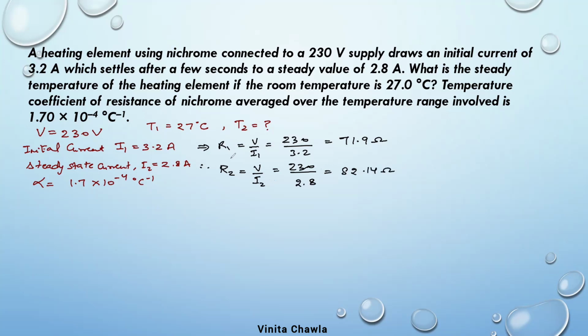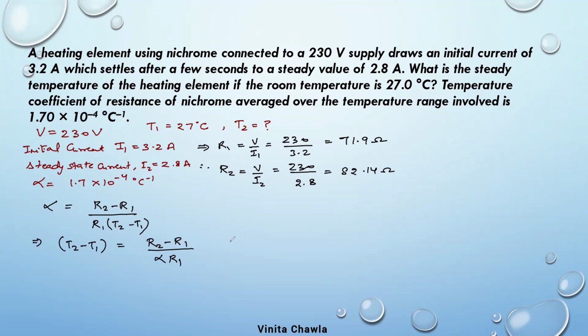Alpha is given, T1 is given, R1 and R2 we have found out. Now use the same relation, because alpha is equal to R2 minus R1 upon R1 into T2 minus T1. Use the same relation: T2 minus T1 is equal to R2 minus R1 upon alpha R1.